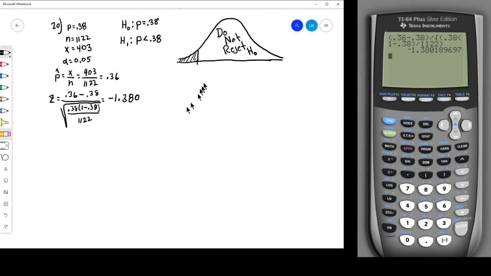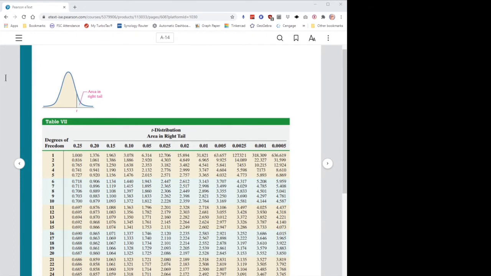All right, now I need to get my critical value because that's going to determine whether this number falls on this side or this side. To do that, I need my textbook table. And let me pull that into view here. When we're dealing with probability distributions for the proportion, we are always using z.